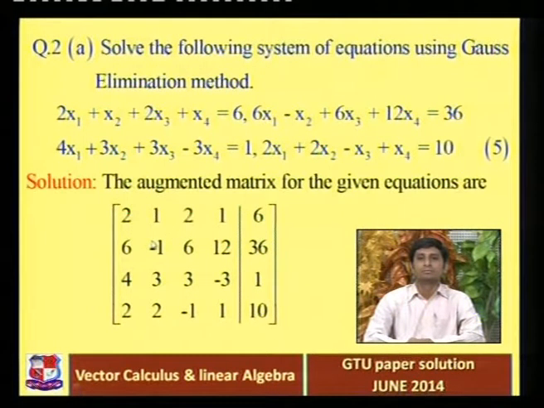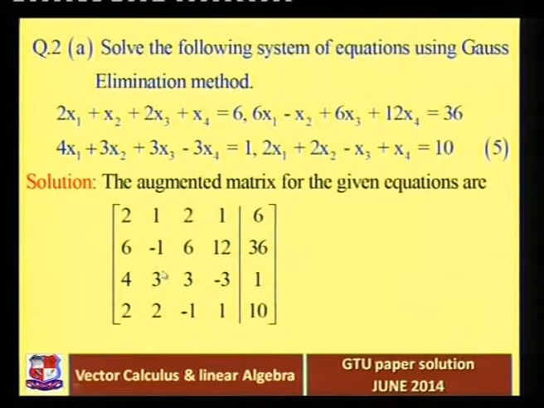The first process is we multiply the first row by -3 and add it to the second row, then we multiply the first row by -2 and add it to the third row, and then we multiply the first row by -1 and add it to the fourth row. So these are the next processes.